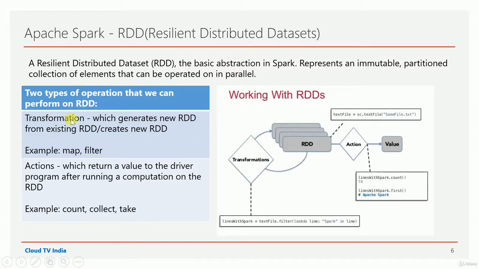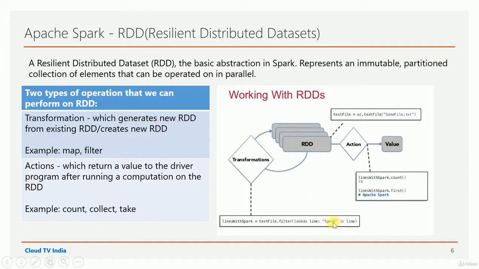One is a transformation. Transformation is one which generates a new RDD from the existing RDD. Say for example, I read the data from a text file which has 10 lines, so 10 lines will be in this RDD. I want to filter a few lines which have the Spark keyword in the line.